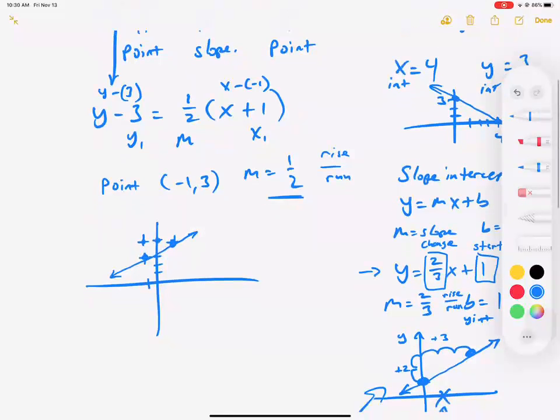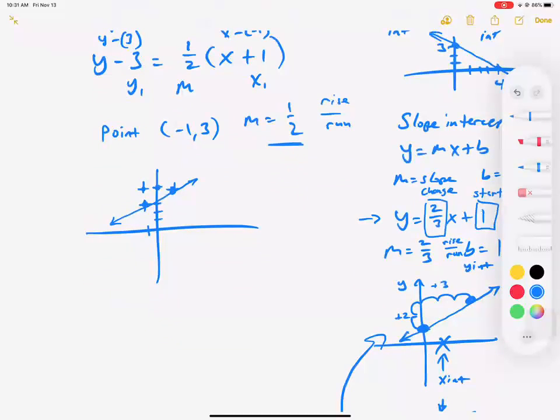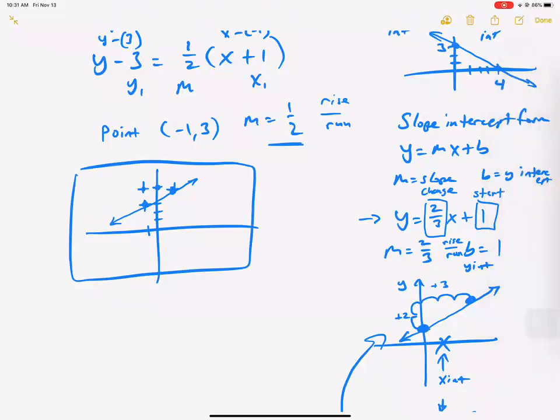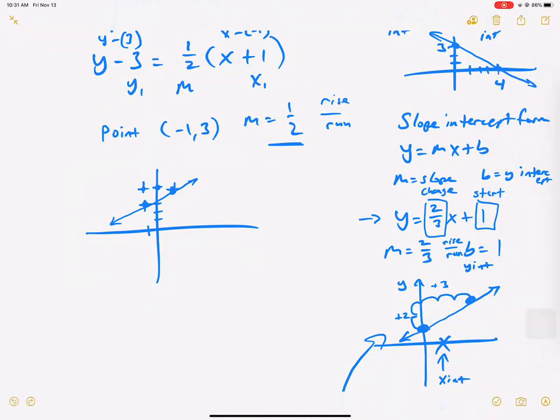Okay. So if I want to go backwards, please look at this graph here and tell me what is an easy point you know. And you could just literally recite what we just wrote down. But this is -1 and 3. So would you guys be okay with this point right here? -1, 3? So my point is -1, 3.